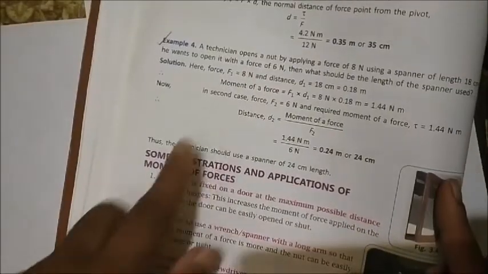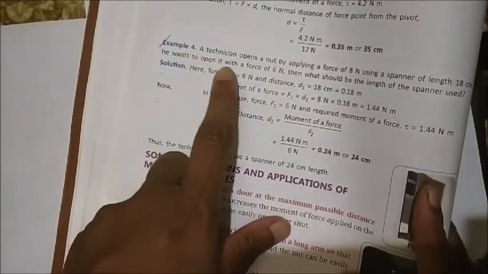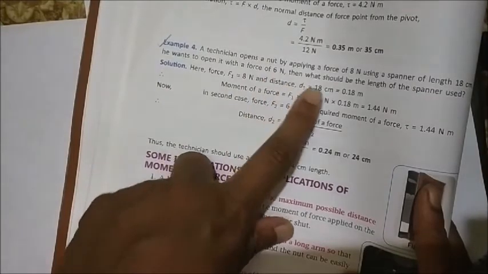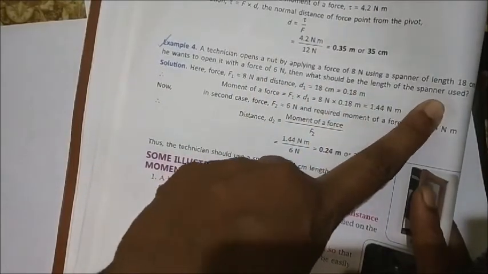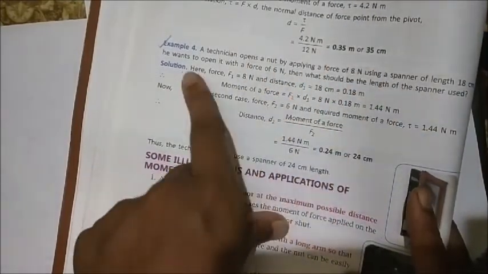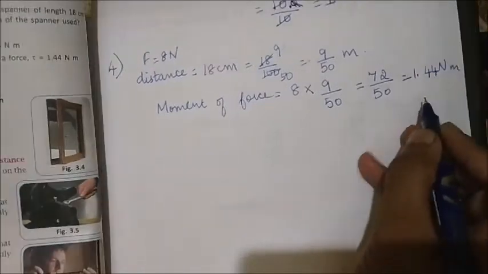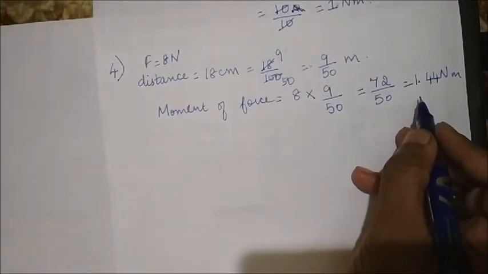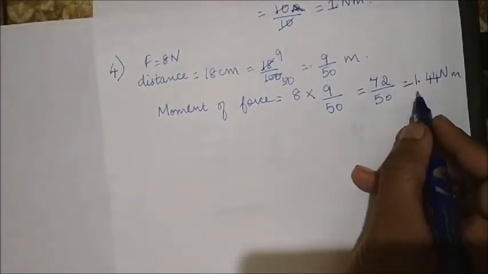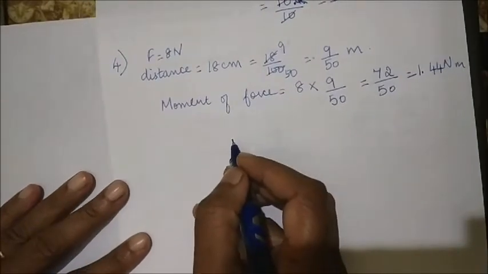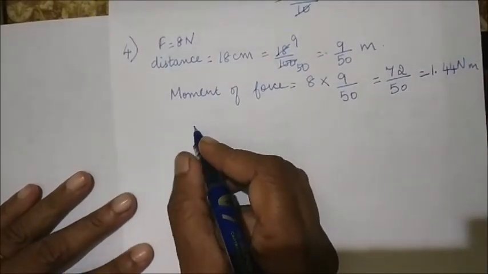Okay, the question is not ending here. It goes on to say, if he wants to open it with a force of 6 Newton, what should be the length of the spanner used? So, to open that nut, 1.44 Newton meter moment of force is required.